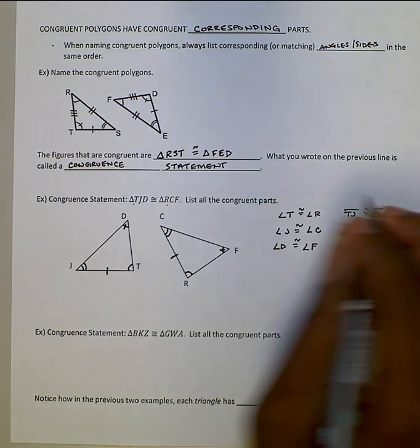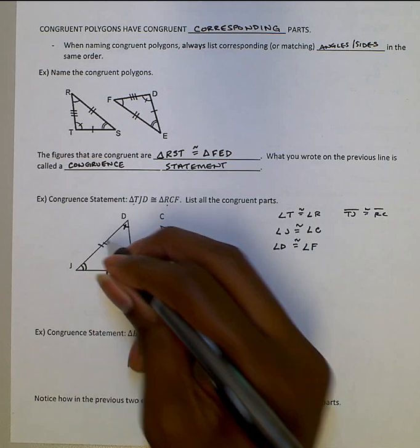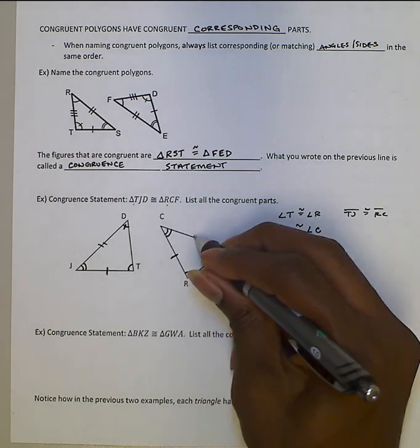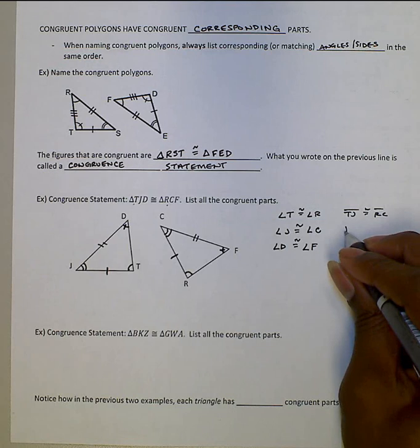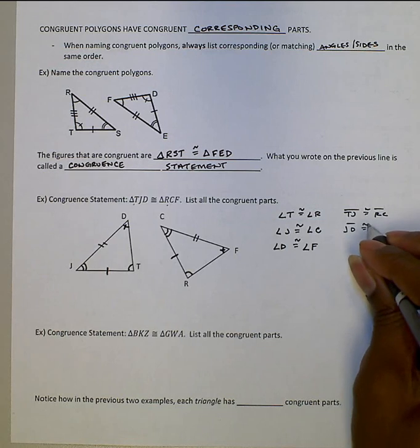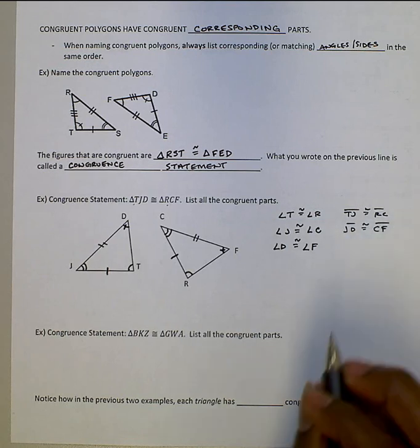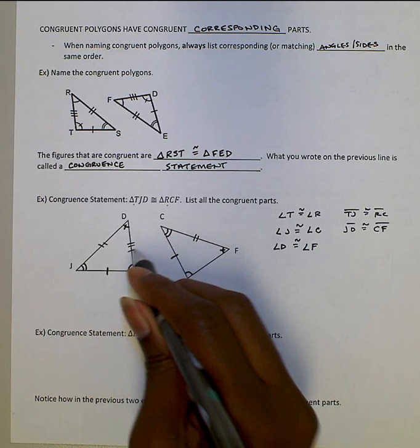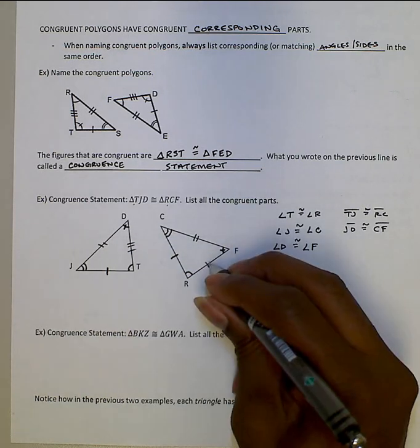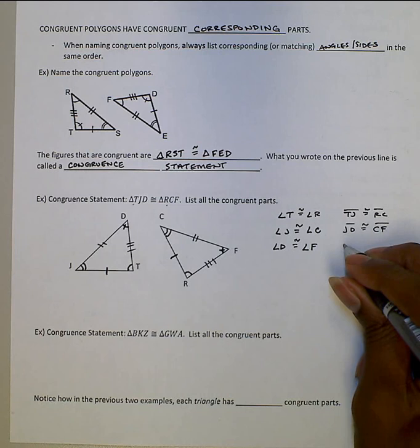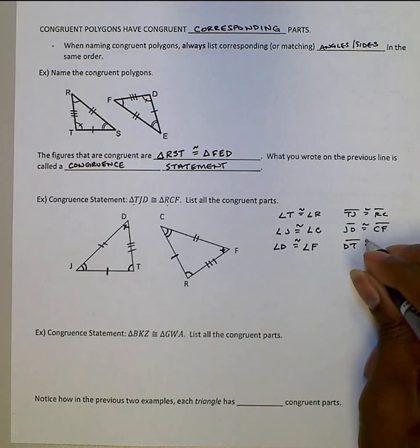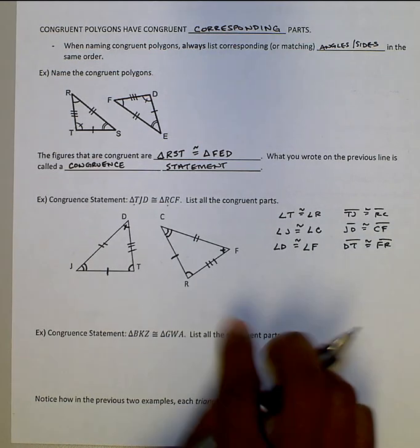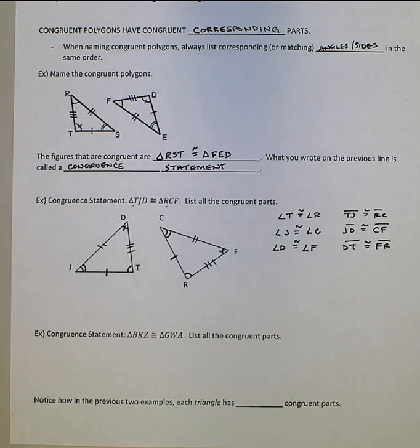I can say that JD is congruent to CF. And then lastly, I can say that DT is congruent to FR. We have all the markings that just make sure that we know that.